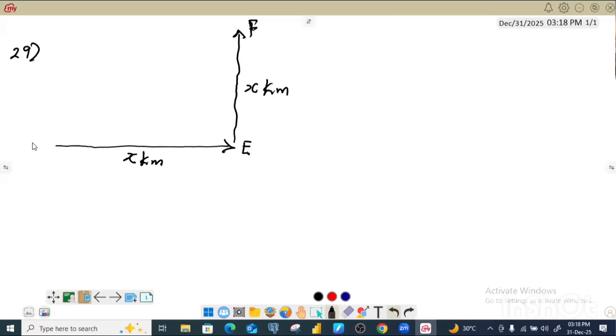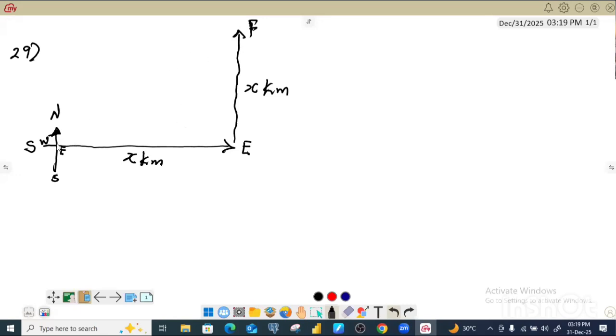So let's label our starting point as S and draw our cardinal points there. This is our north for the starting point, this is our west, this is our south, and this is east. We want to find the bearing of F from the starting point.